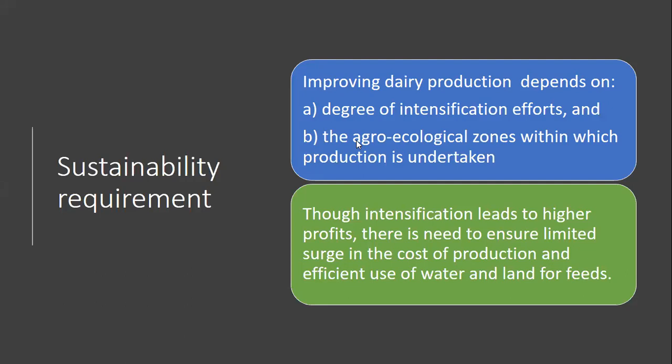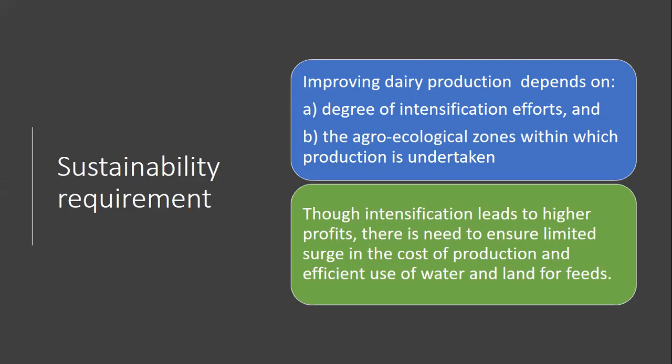Okay. So from the options we saw, and from the growth in demand, there will be an increased demand, that therefore the farmers would be needed to increase their production to meet the demand.